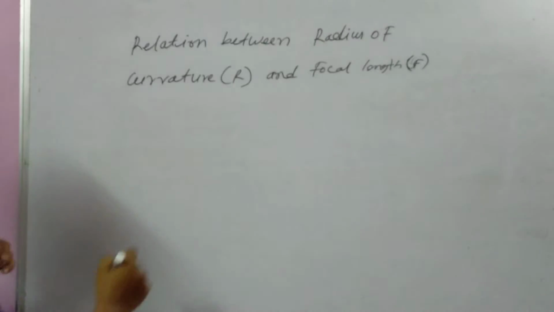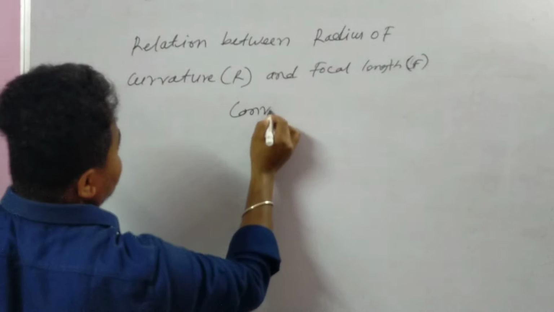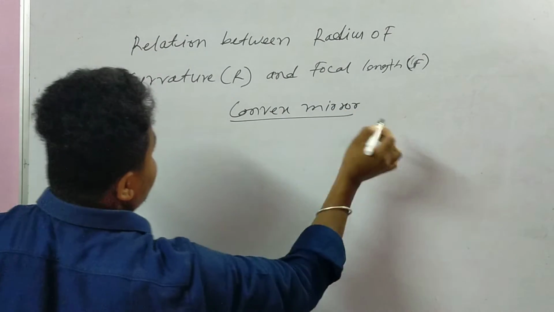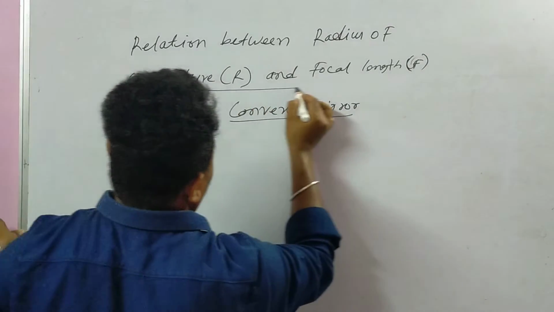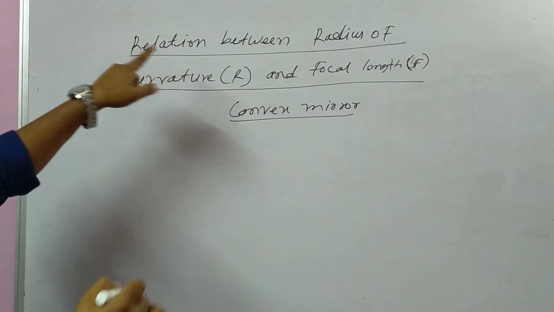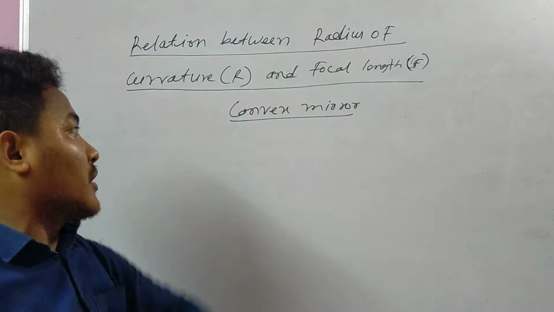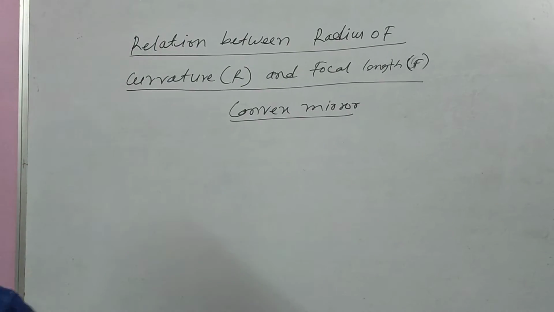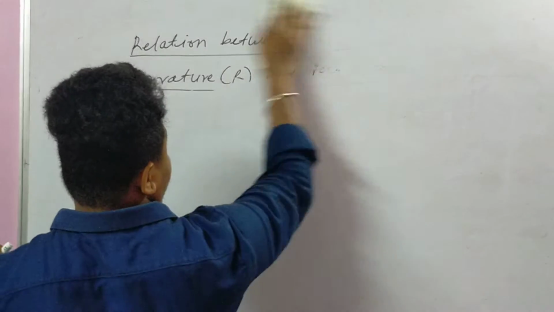This time it will be for convex mirror. We have discussed in the previous class for concave mirror, and this time it will be for convex mirror. Relation between radius of curvature R and focal length f for convex mirror. Note down the headlines.